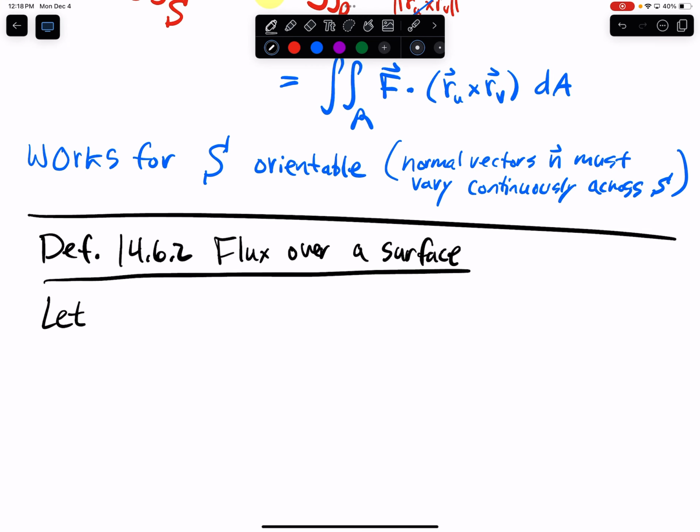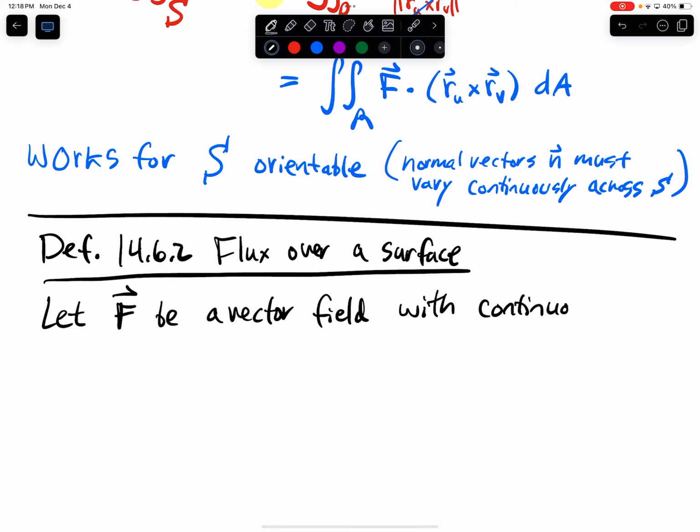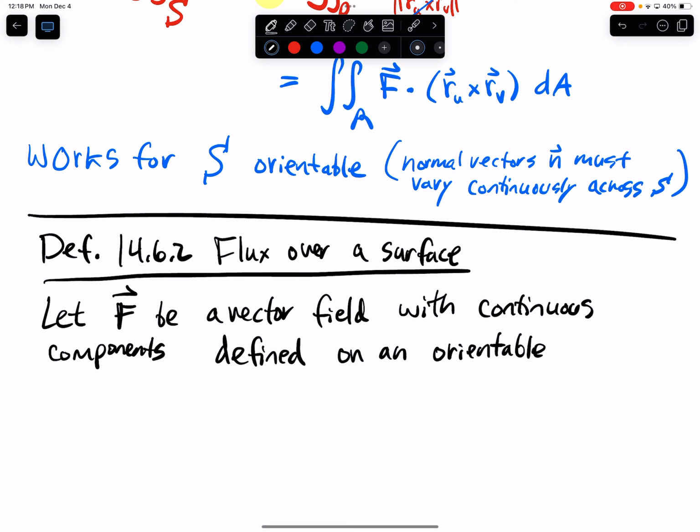So I'm going to let F be a vector field with continuous components defined on an orientable surface S with normal vector n.